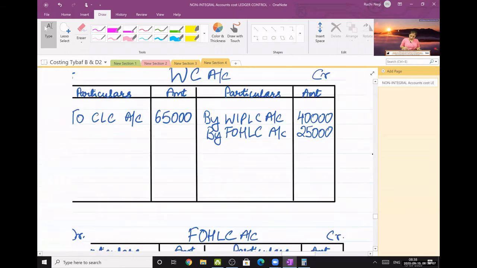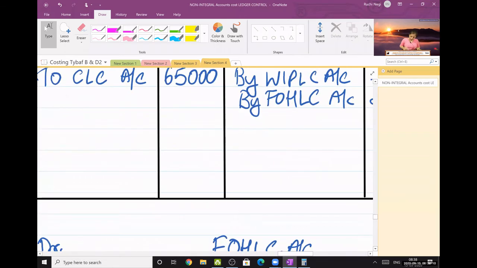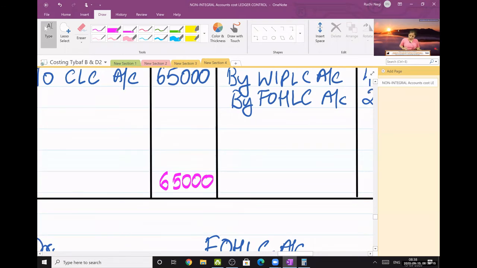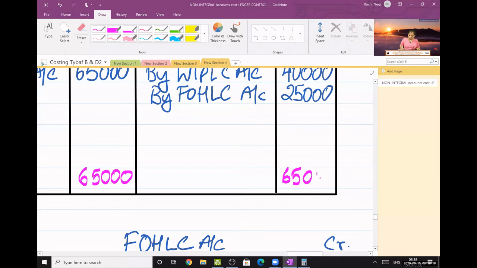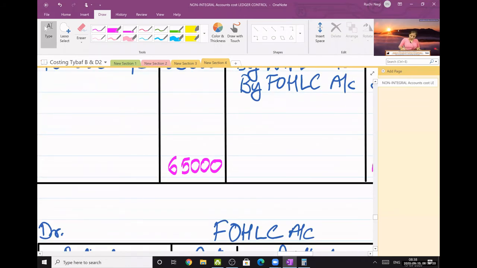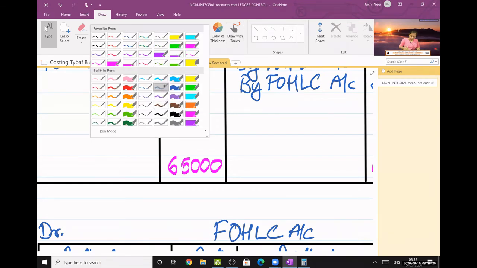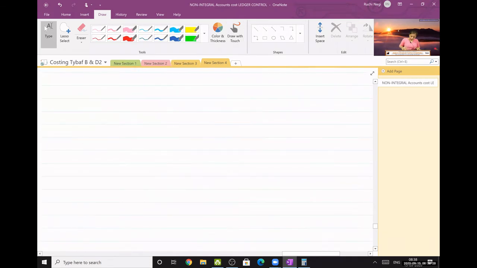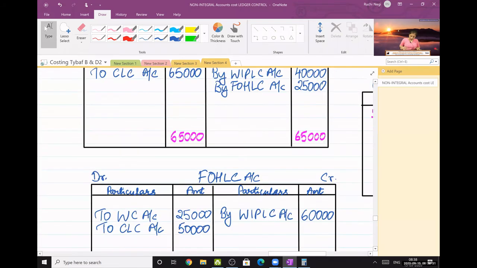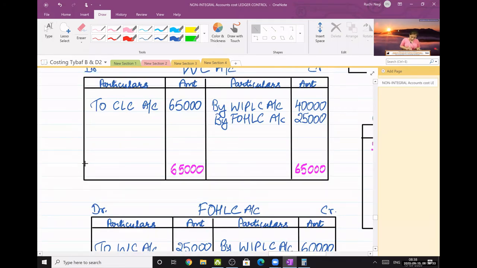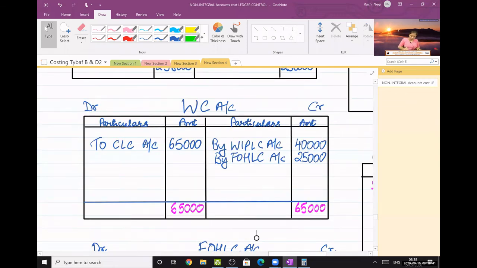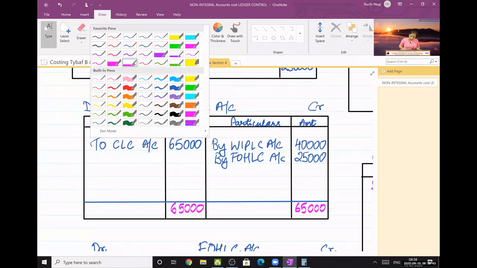wage control. अरे ये तो टैली हो रहा है, तो लिख दो इधर 65,000. This is a tally amount 65,000. And here you can highlight, you can mention correct tallies.